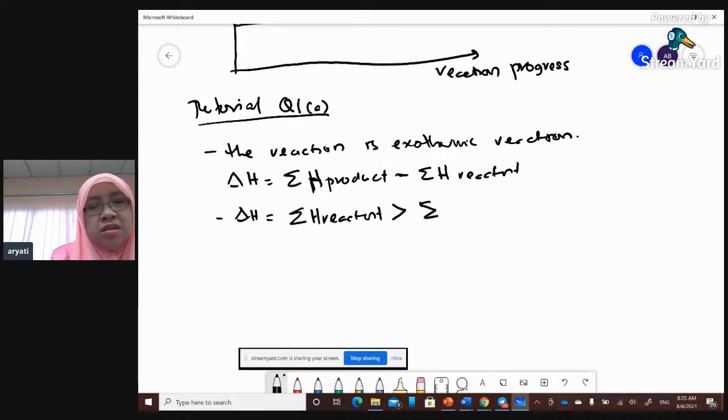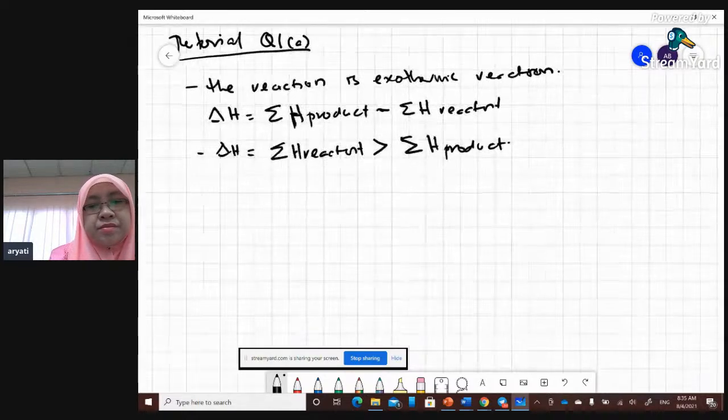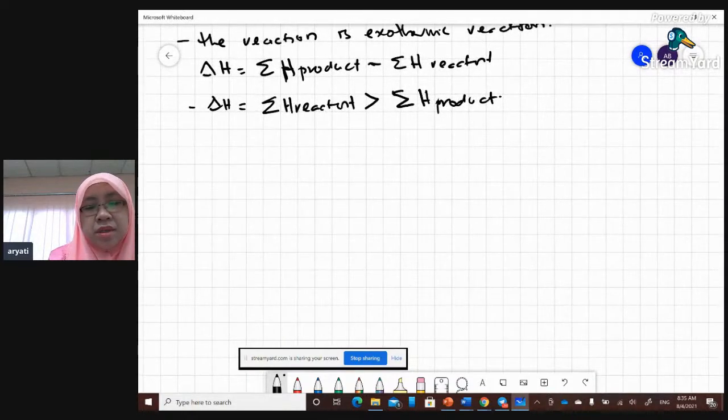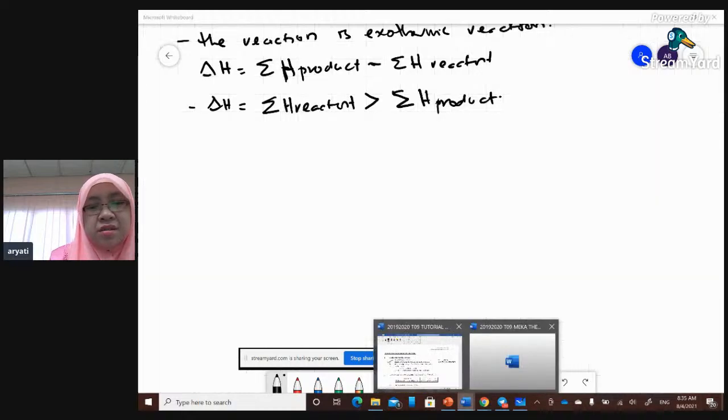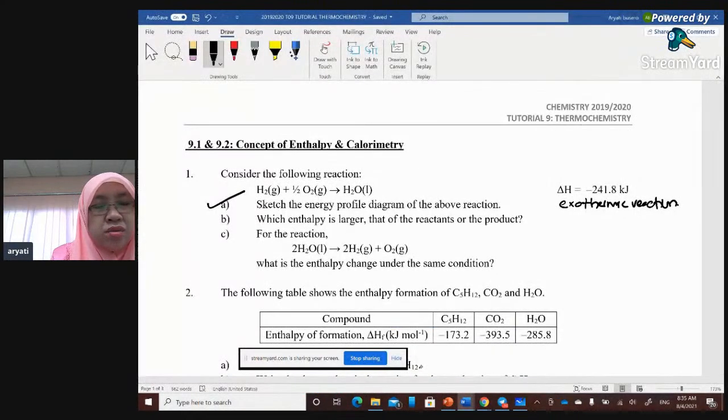than the summation enthalpy of product. So dia bagi, H2O2 is your reactant, H2O is your product. So sekarang kita lukislah.